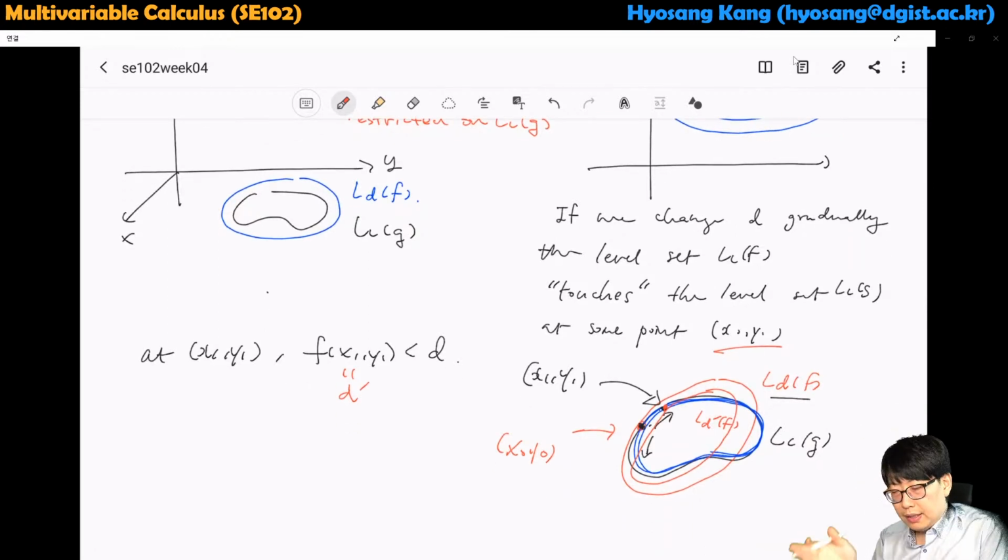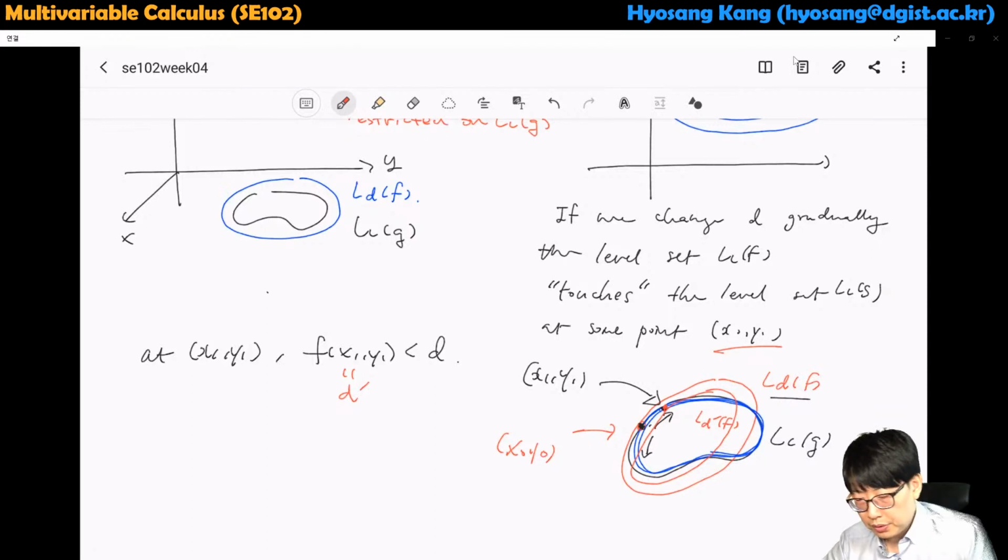So it means that at x0 and y0, the value of function is locally maximum. Because there are no other points near x0, y0 where the function value is greater, all the values of function are smaller than the value at x0 and y0.